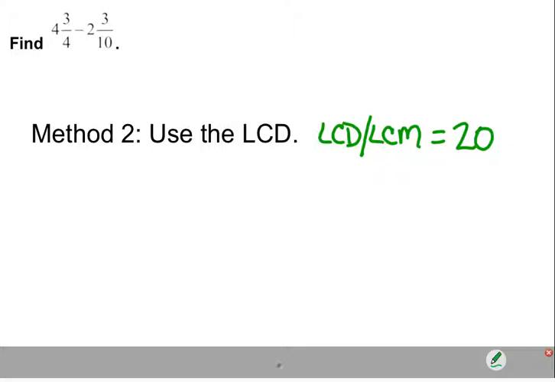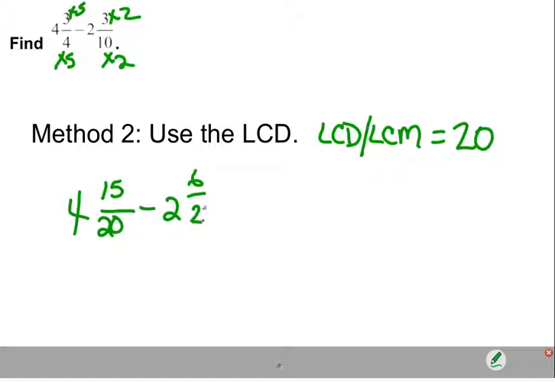Okay. So let's take it. 4. How do I turn 4 into 20 as a denominator? I multiply by what? 5. Okay, so I multiply by 5. Right? So now I have 4 and 15 twentieths minus 2 and 6 twentieths.